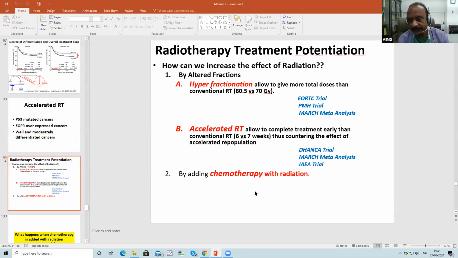If it is more than conventional fractionation, you will get higher toxicity. Similarly, for late reacting tissue, if it is more than conventional, it will result in higher toxicity. So if you understand the basics, for any schedule, just calculate the BED, in reference to tumor or in reference to late reacting tissue.